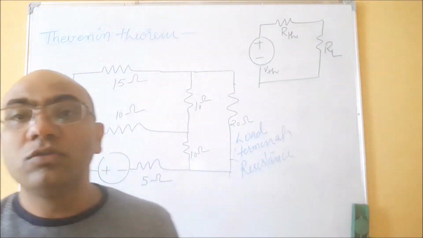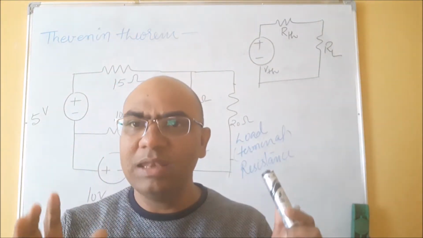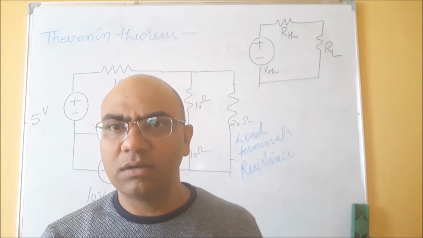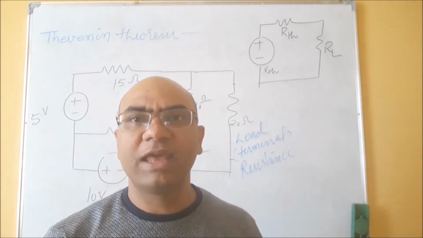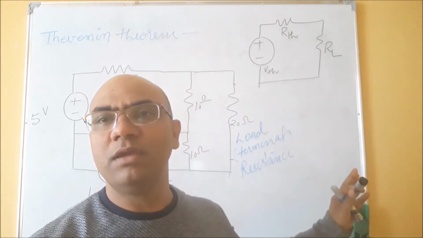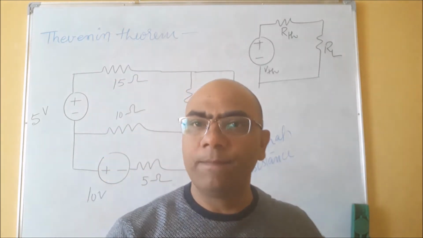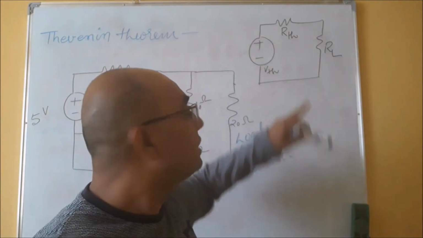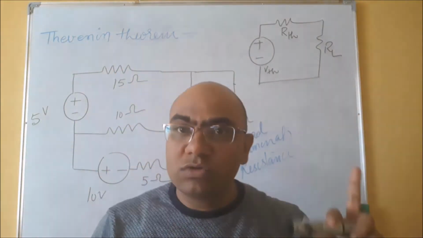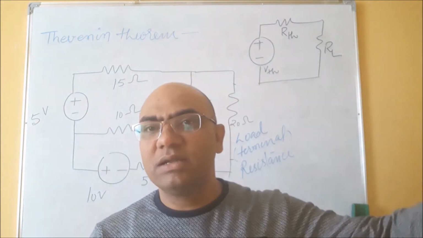So according to Thevenin theorem, any complicated circuit which is terminated across a load branch can be written again as a simple circuit like this, in which a voltage source and a resistance are connected in series.